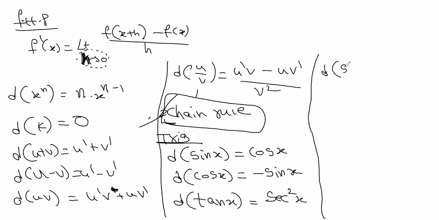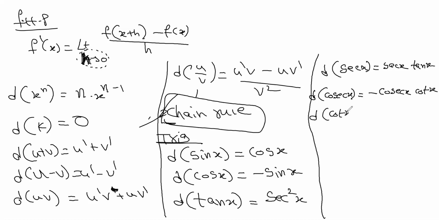Differentiation of secant x is secant x into tan x. Differentiation of cosecant x is minus cosec x into cot x. Differentiation of cot x is minus cosecant square x. These are all the formulas.